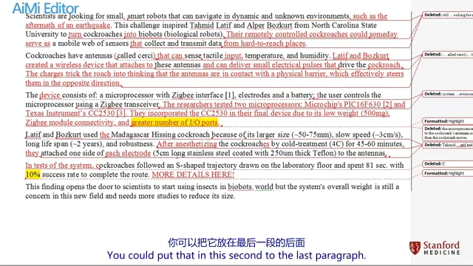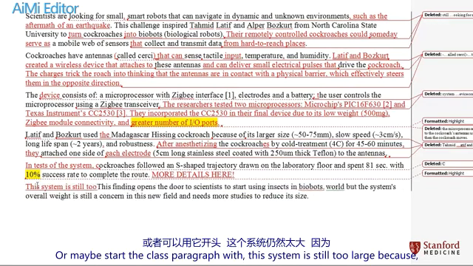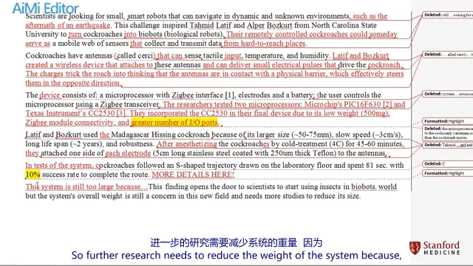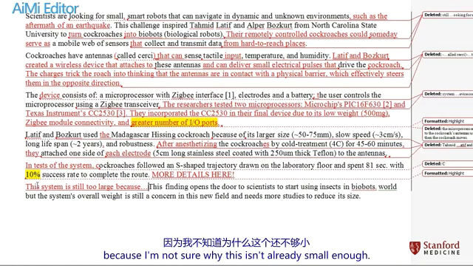You could put that in this second to last paragraph, or maybe start the last paragraph with, this system is still too large because, give me the why the system needs to be shrunk even further. So further research needs to reduce the weight of the system because I need to know why, because I'm not sure why this isn't already small enough.